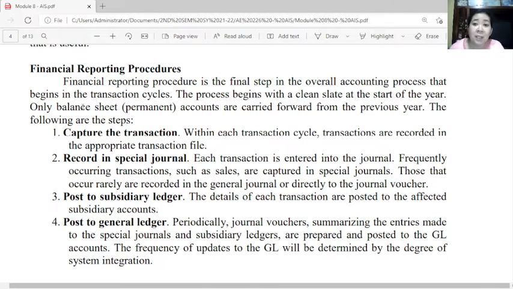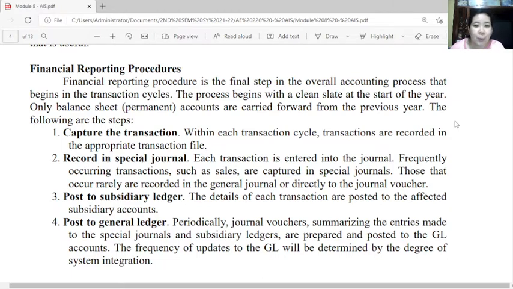The process begins with a clean slate at the start of every year. We all know that we close the temporary accounts and forward the real accounts in the closing and post-closing trial balance. Only the balance sheet or permanent accounts will be carried forward, and the temporary accounts in our income statement will be closed after the accounting period, to have a fresh start.